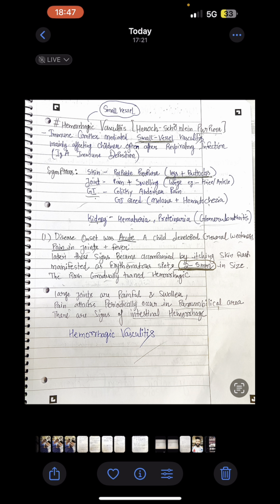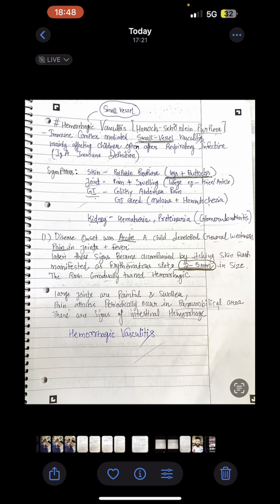So the case says that disease onset was acute. A child developed general weakness, pain in the joints and fever. Later this was accompanied by itching, a skin rash manifested by erythematous spots of 2 to 5 mm in size. The rash gradually turned hemorrhagic, and large joints are painful. Swollen pain attacks periodically occur in the periumbilical area. There are symptoms of intestinal hemorrhage. So we can see in the last line intestinal hemorrhage and periumbilical area. So GI symptoms are there, and joint symptoms are there.